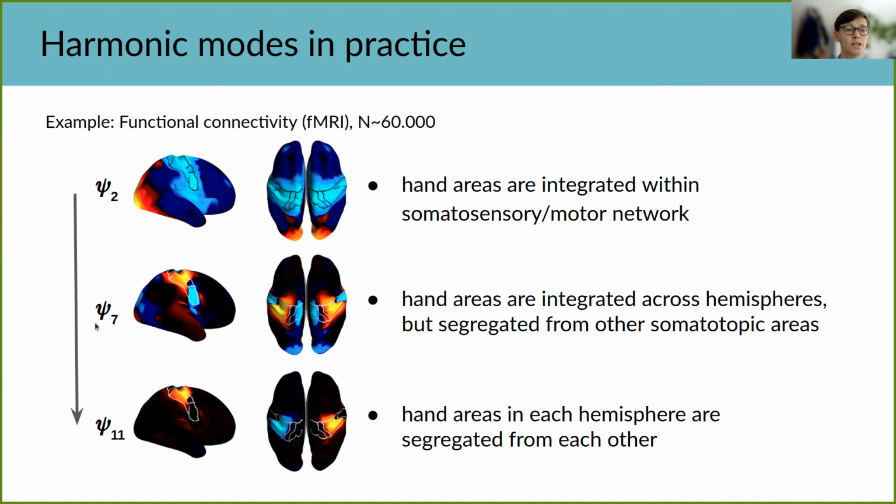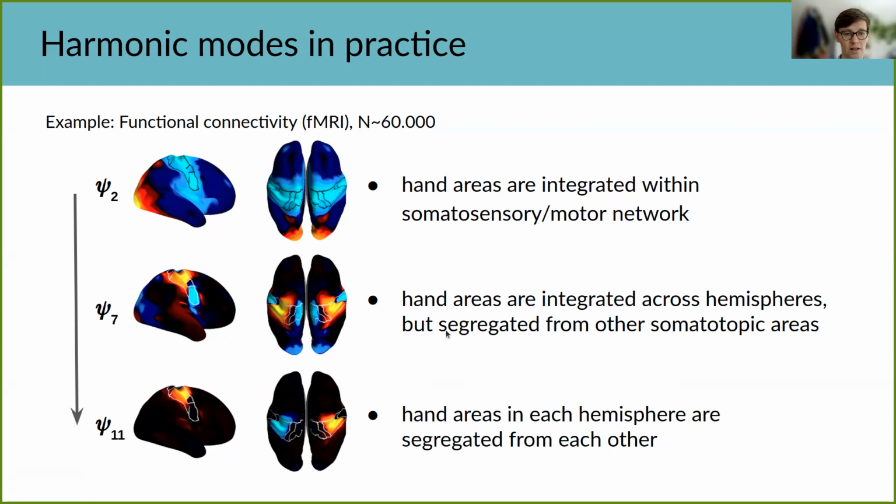If you go to a different functional harmonic, you see that the hand areas have different connectivity from other somatotopic areas. So this is an area that is related to the face, so your own face, so movement of the face and touch on the face. And these are areas related to the two hands. So you see how the connectivity is very different from the point of view of these harmonic modes.